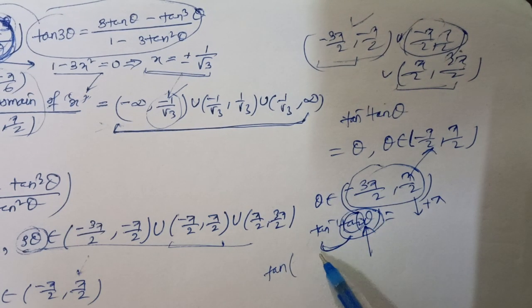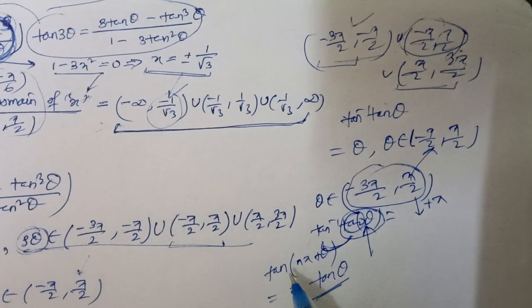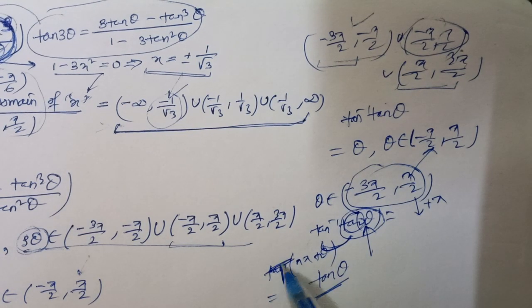Now if we add n pi with tan, it doesn't matter if it opens with a positive or a negative, it's going to remain the same function.